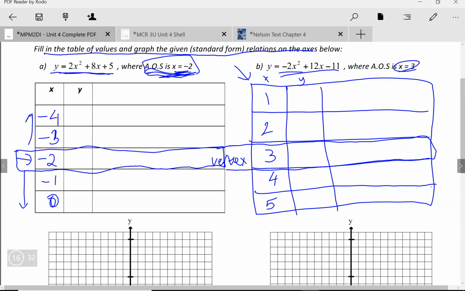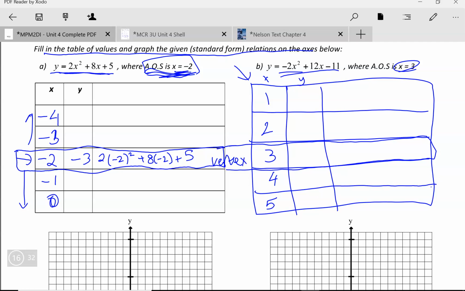So to solve for the vertex, I just have to sub in the x value that I know from my axis of symmetry. So -2 squared is 4, times 2 is 8, minus 16 is -8, plus 5 is -3, I believe, is the y value on the vertex.